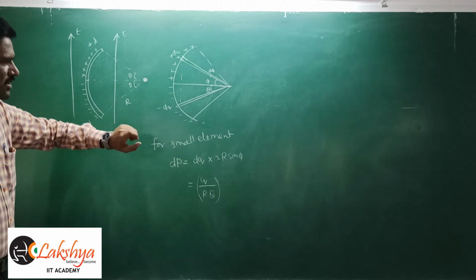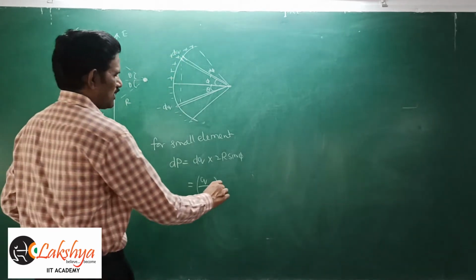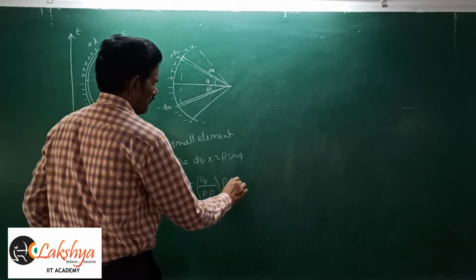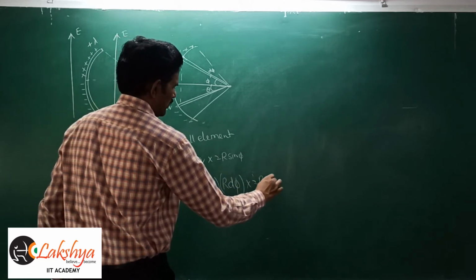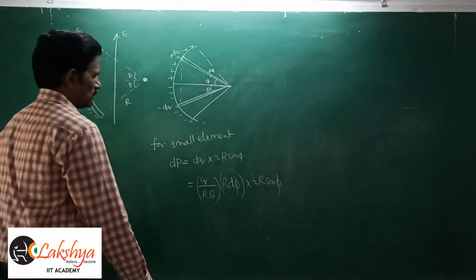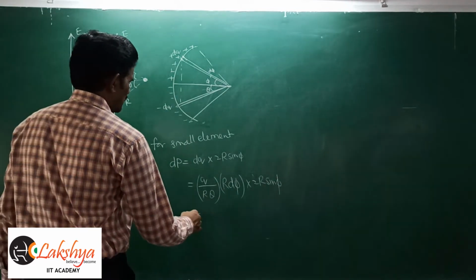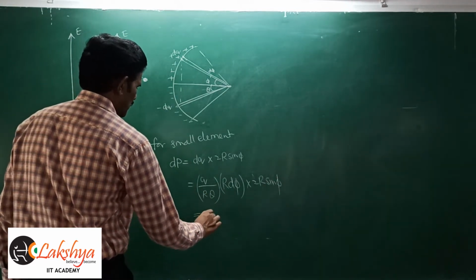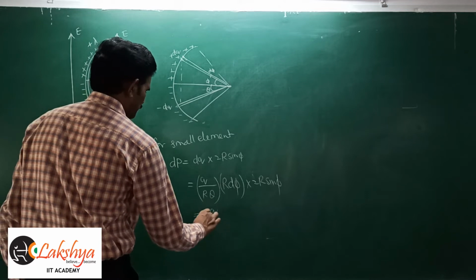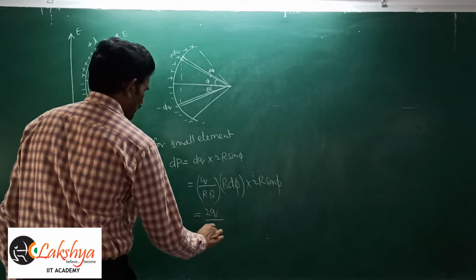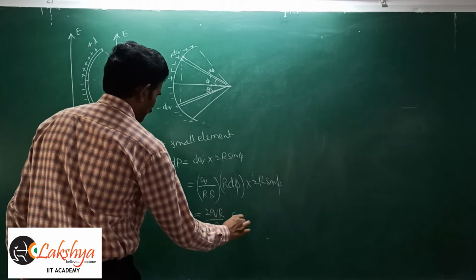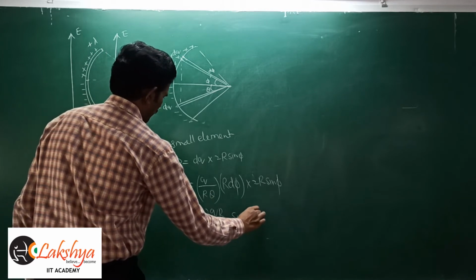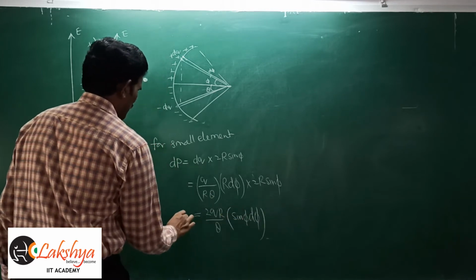That is charge per unit length into the length of this element, r d phi, into 2r sin phi. Now we can cancel r, so finally dp equals 2qr by theta into sin phi d phi.